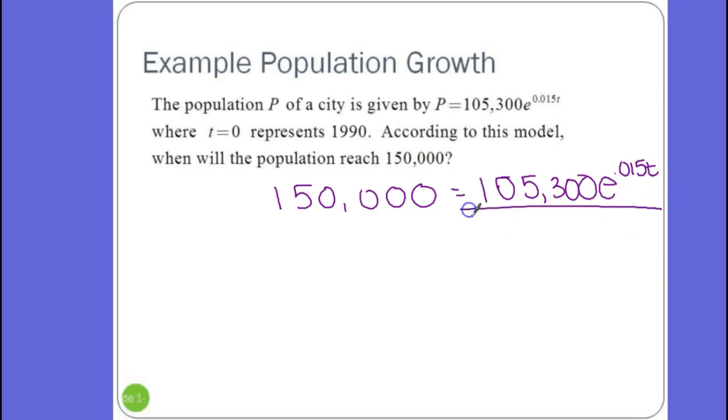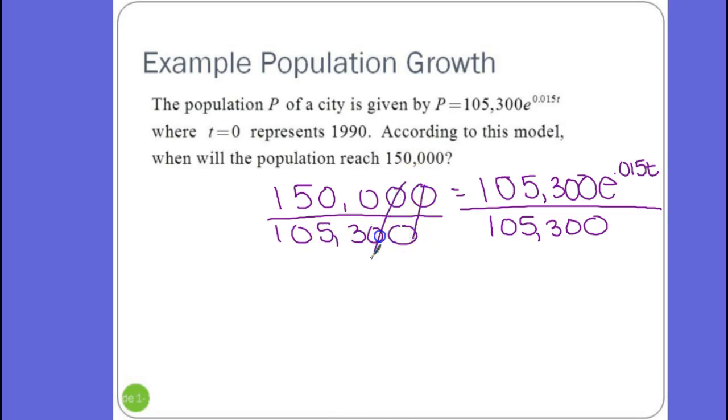You're going to divide out the 105,300 first. As a fraction, this reduces to 500 over 351.